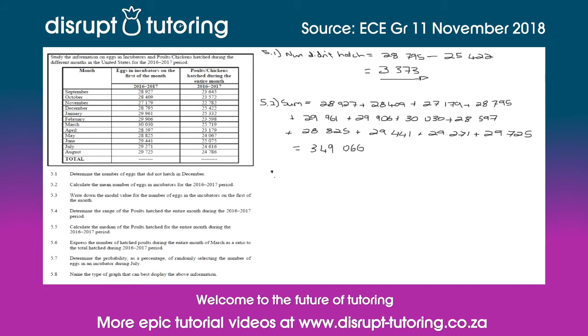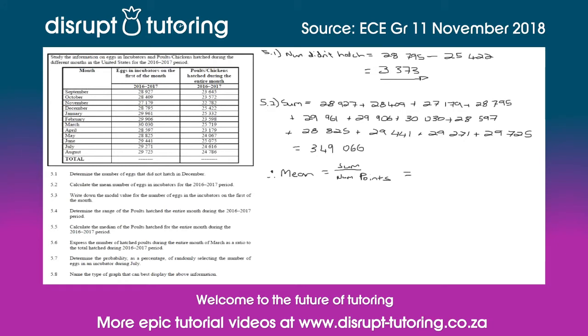So now, therefore, our mean is our total divided by the number of points. So it's our sum divided by the number of data points.